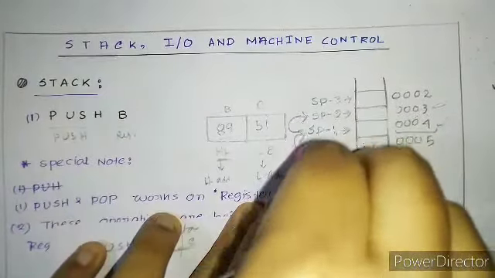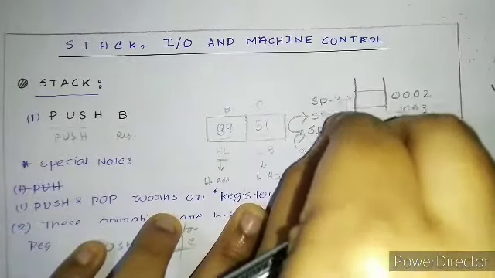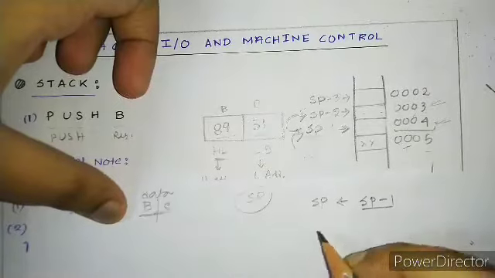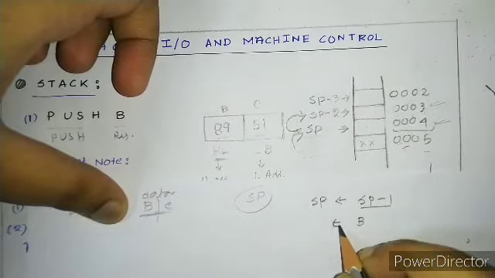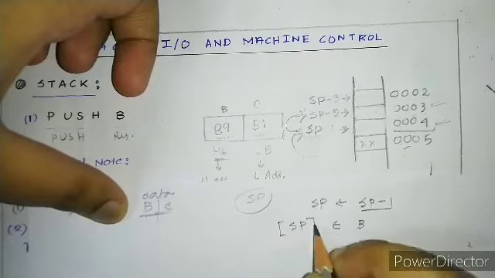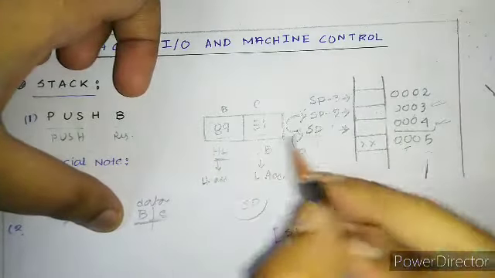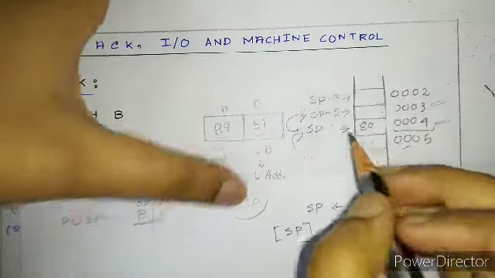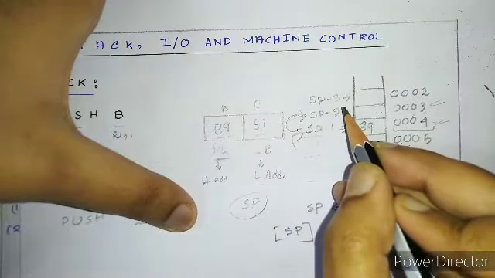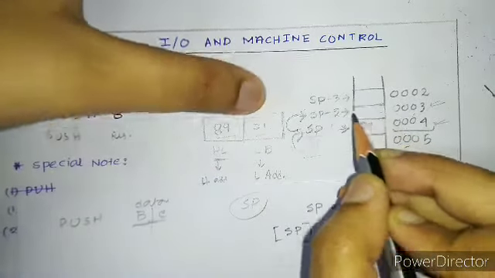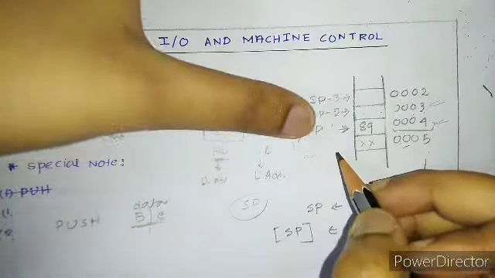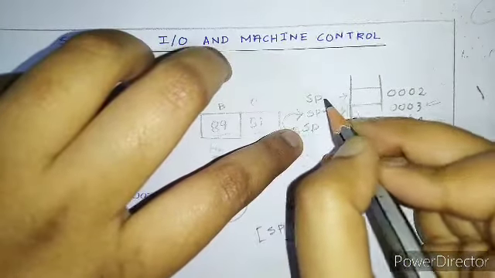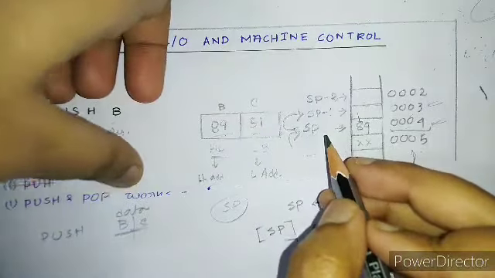Now this will not be the SP anymore. SP minus 1 will become SP. Clear? Store the value of B at SP. This is the address, so 89 will come to 0004. Now again decrement and store into this address. I have written this as SP minus 2 relative to the old SP, but now this is SP, this is SP minus 1, this is SP minus 2 relative to the current address.